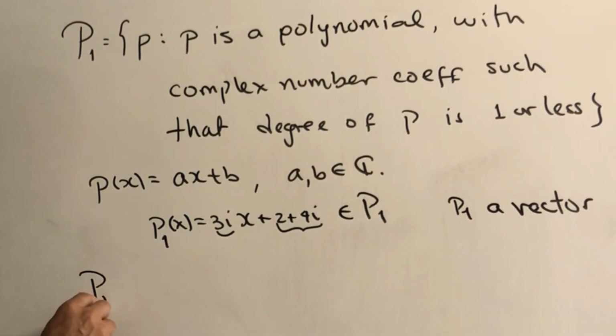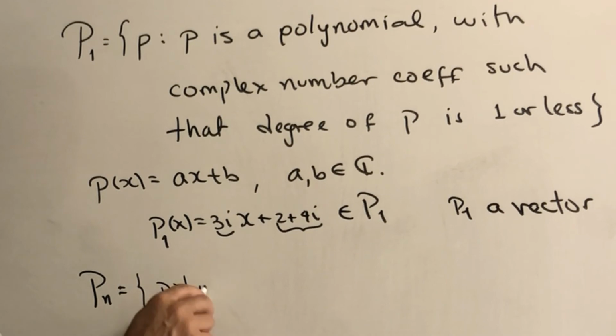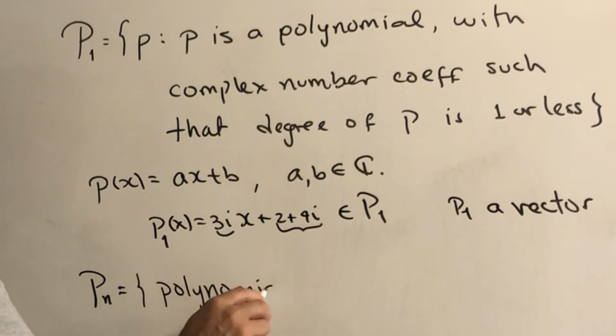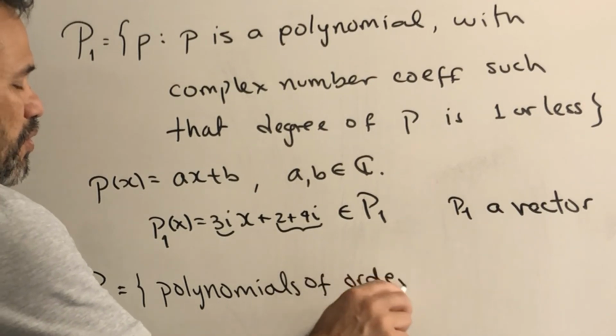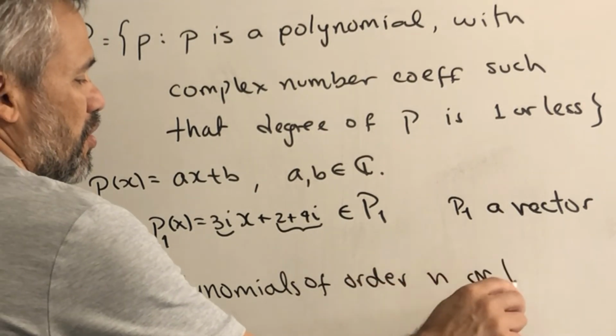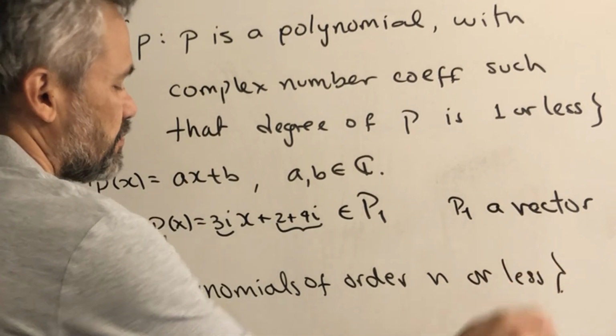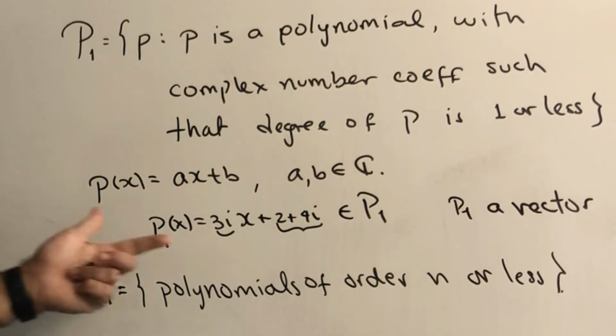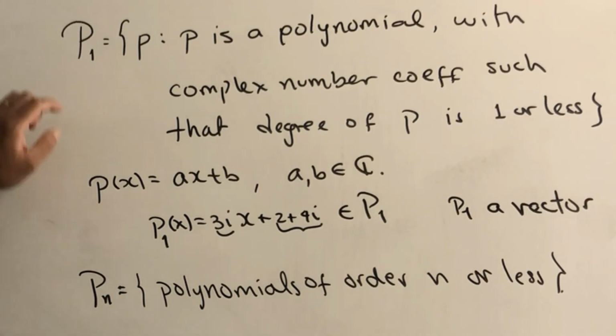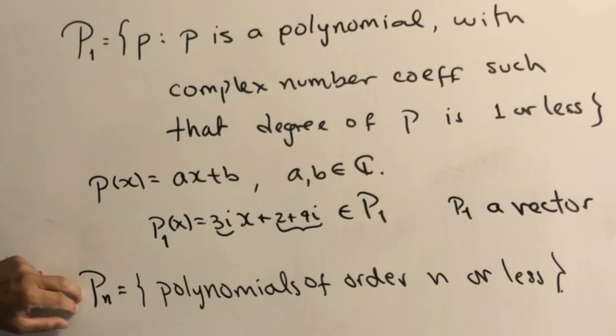We can define P sub n equal to the set of polynomials of order n or less. And notice that we can add two polynomials of order n or less, and we get something of order n or less. And in general, we can multiply a polynomial by a number, and we get again a polynomial.